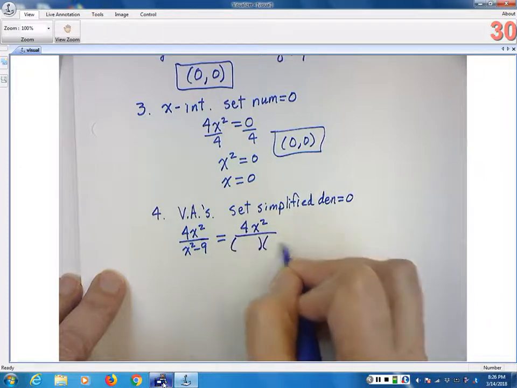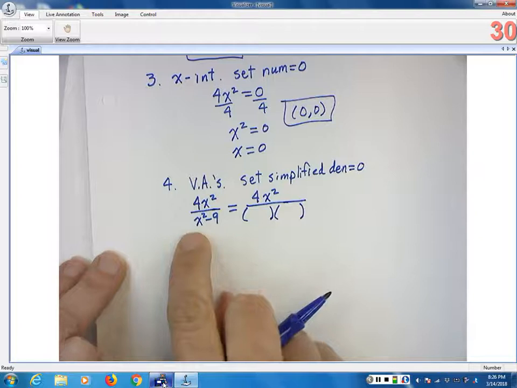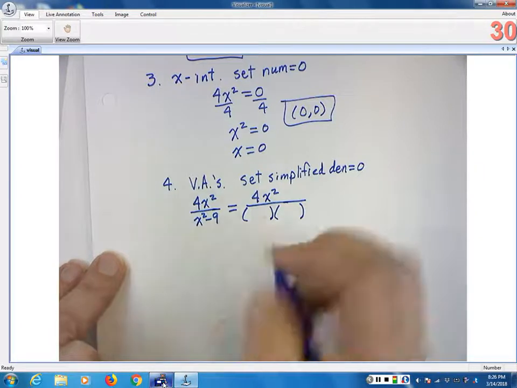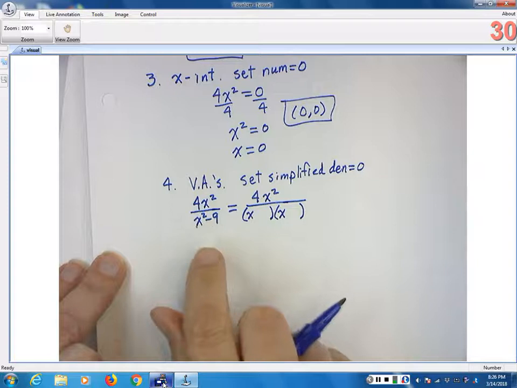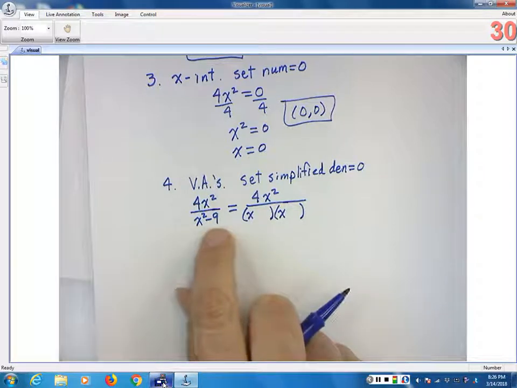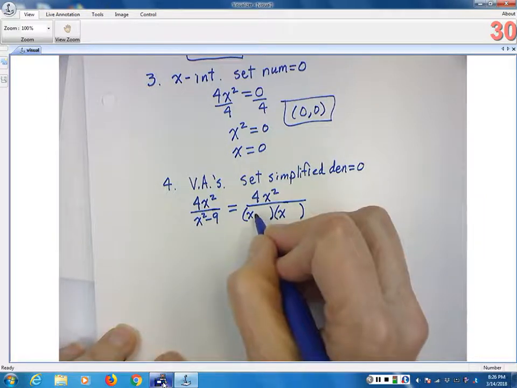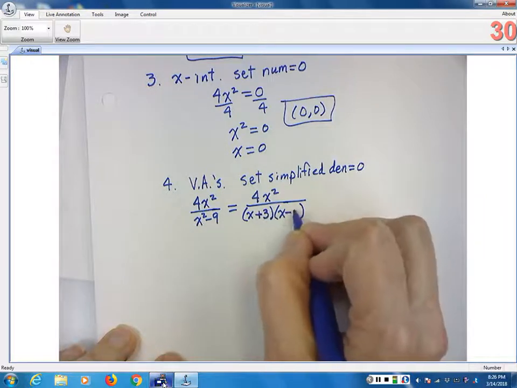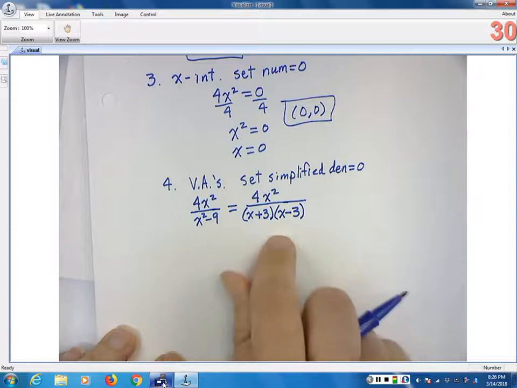It's going to be two binomials. The first term, to get x squared, you're going to do x times x. The last term has to be negative, and it's 3 times 3. So one's positive and one's negative. If you FOIL that out, you're going to see you get x squared minus 9.